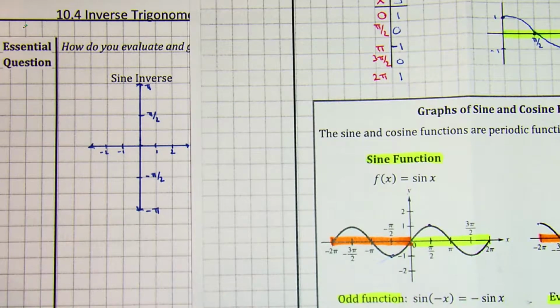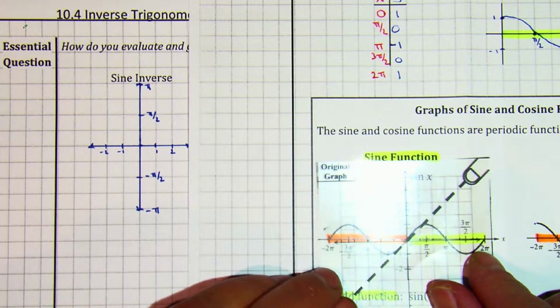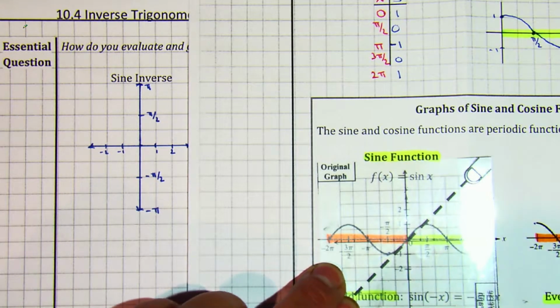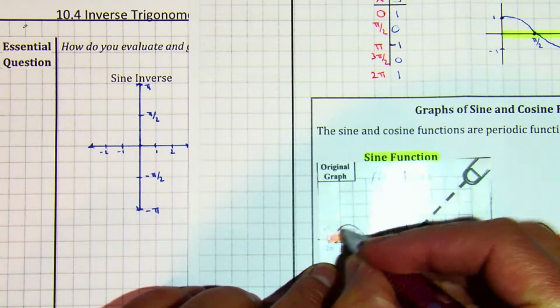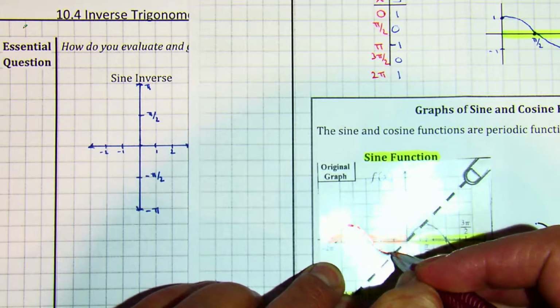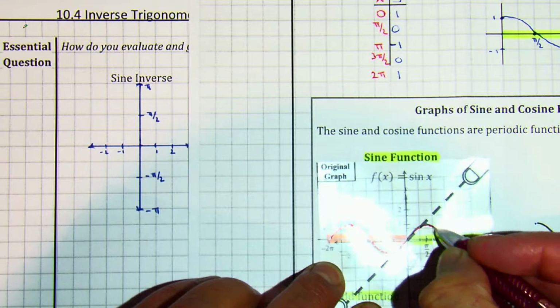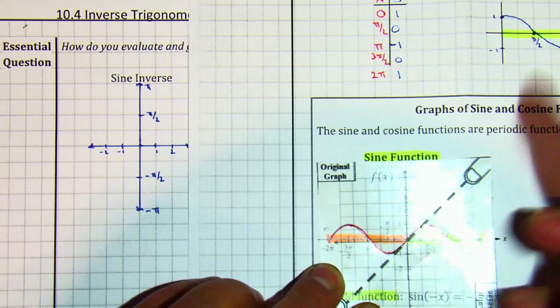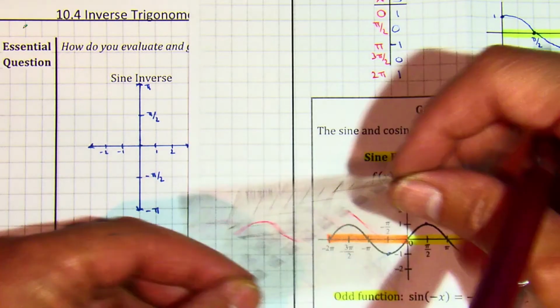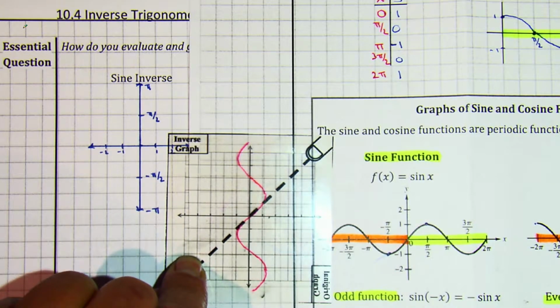And now I'm going to take my graph, and I want to take the inverse of this function. Now the problem that we have is that if I take the inverse of the entire function, the inverse is not going to be a function. And we need our inverse to be a function.